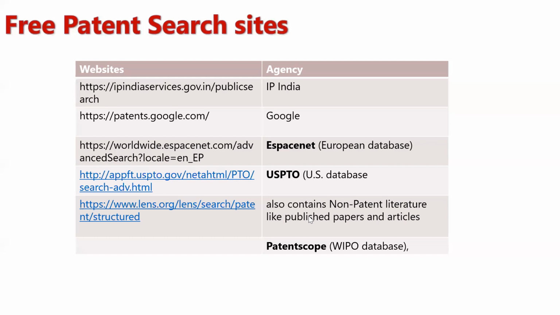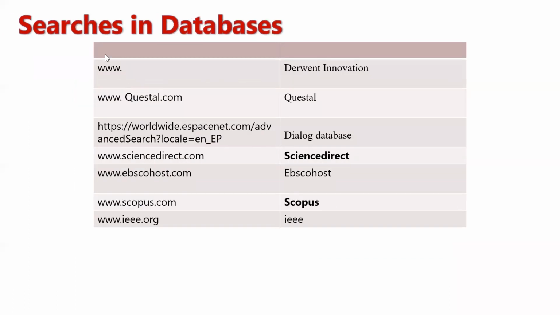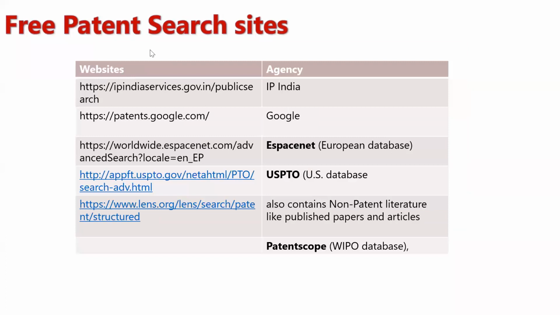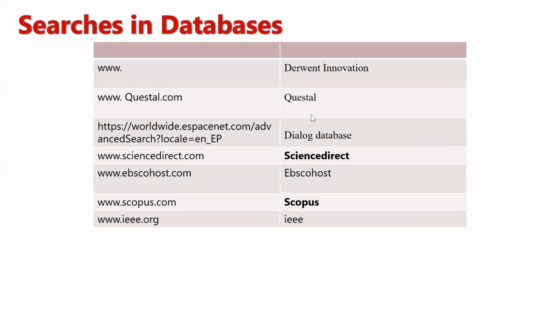As I said, whenever we are going to search about a patent, not only do we have to search in these websites, we also have to search in the databases.